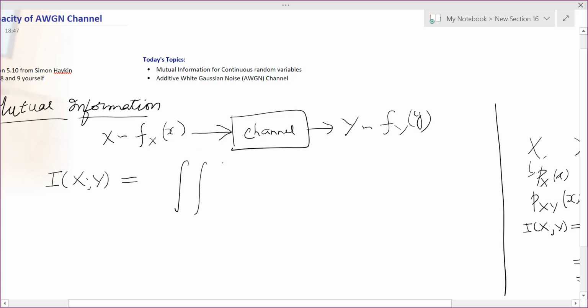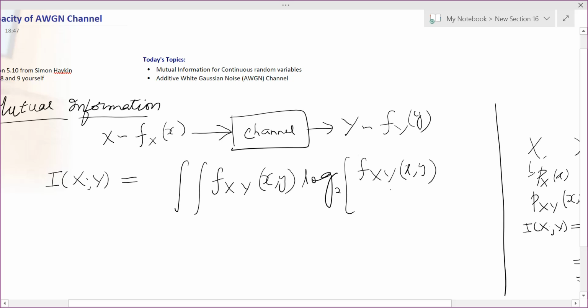And instead of the joint PMF we will have the joint probability density function fxy of xy, log, always remember base 2, then the joint PDF divided by the marginals, dx dy. Sorry, a little bit of discussion here.